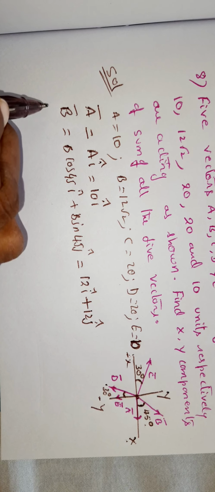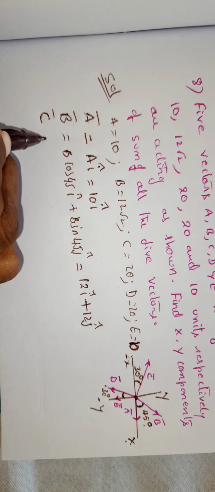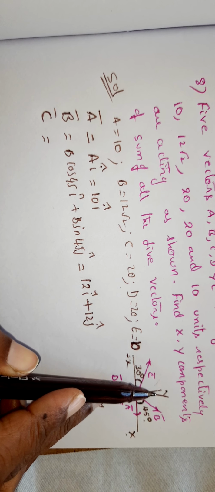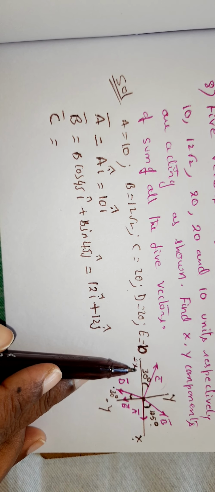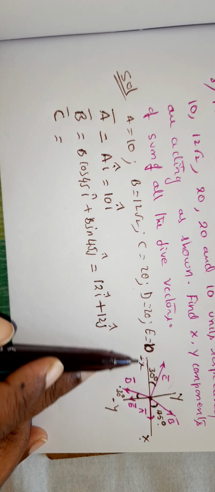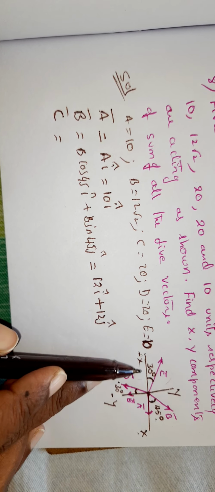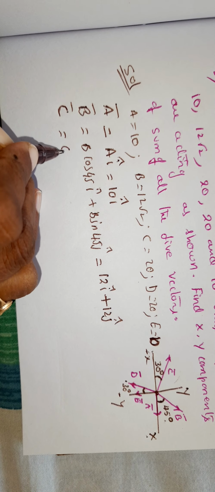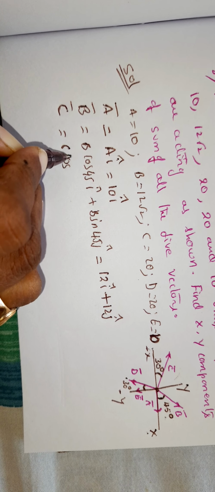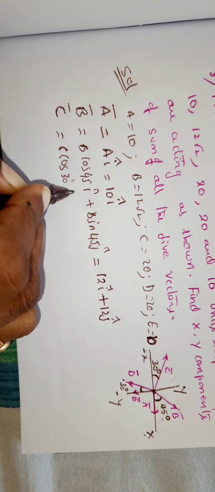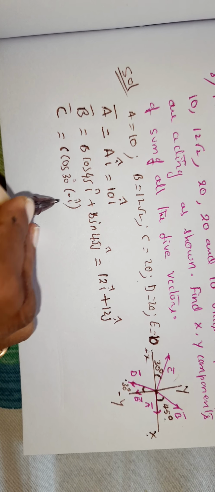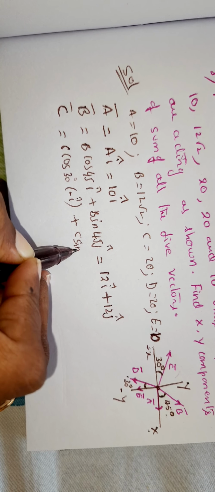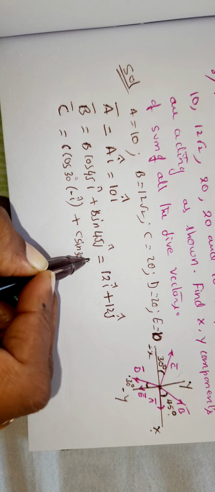Now I am moving on to C bar. So where is that? It is in the second quadrant, where y component is positive and x will be negative, because here a minus I cap will come and plus j cap will come here. It is in second quadrant. So what is that? C cos 30 minus I cap plus C sin 30 j cap.